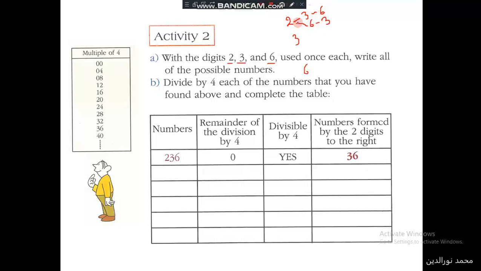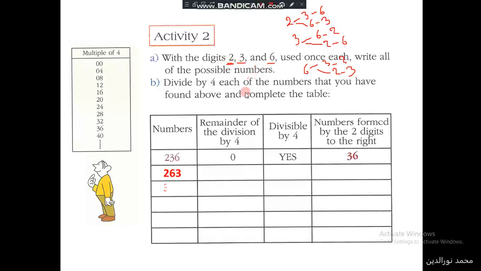So 236 and 263, and then here we could put 6 then 2 or 2 then 6. Here we put 3 and 2 or 2 and 3. So these are the different possibilities we could make numbers from.